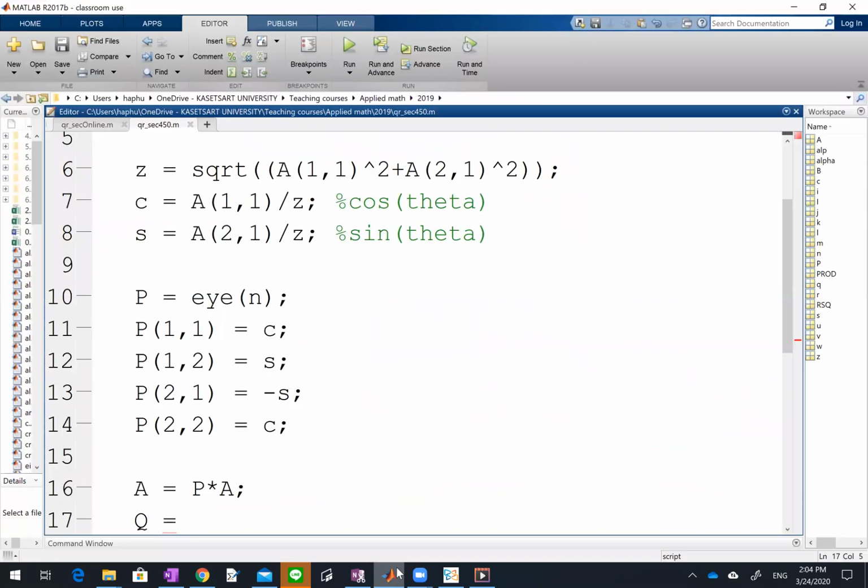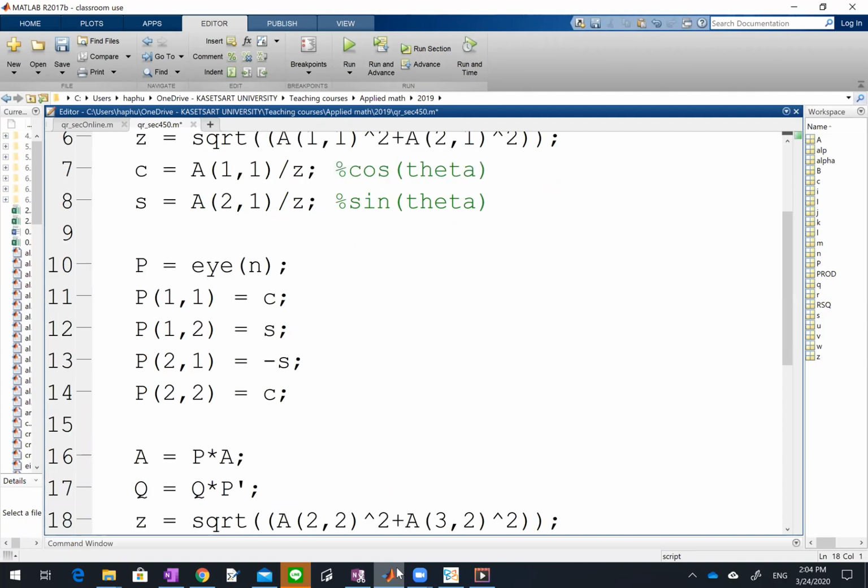So it's going to be Q times P transpose. Note that the reason I put Q in the front here is because I want to use this in the next round. So I want to have the same pattern. Since this is the first time, we only have P2 transpose, and it's fine. But as mentioned earlier, I want to have the same pattern everywhere. So I'm just going to put Q here.